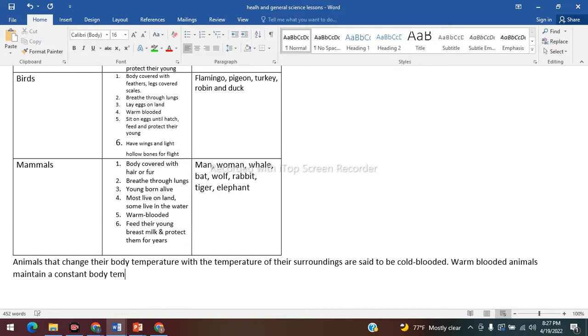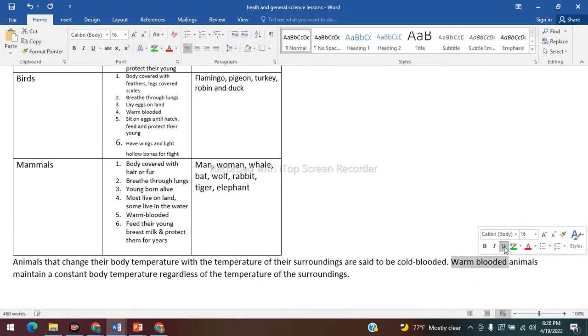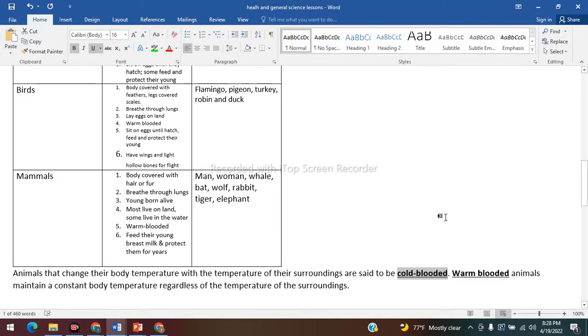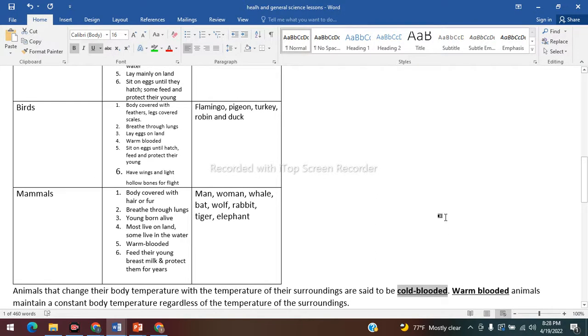Regardless of the temperature of the surroundings, that's the difference between warm-blooded and cold-blooded.